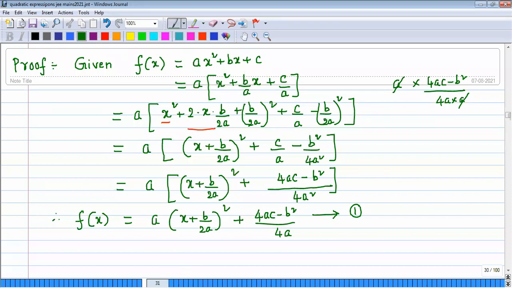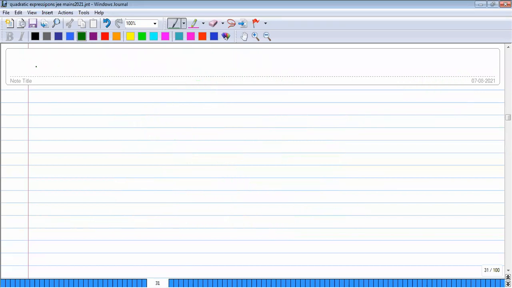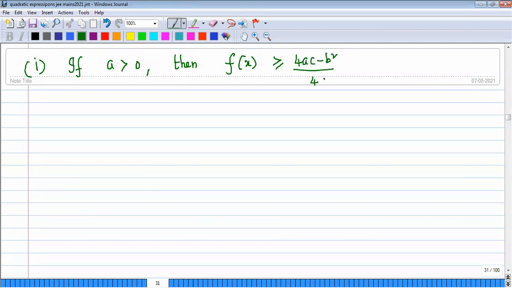That's what we need to write now. We need to conclude. So now the first case. Suppose a is greater than 0, then f of x will be greater than or equal to 4ac minus b square by 4a. So my dear students, you remember one concept.